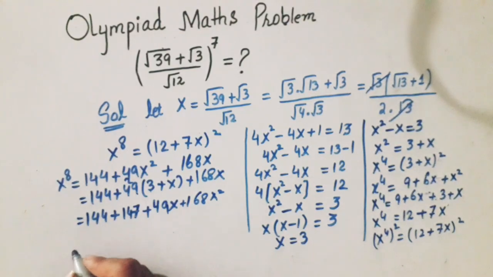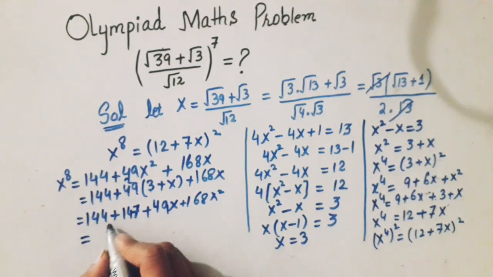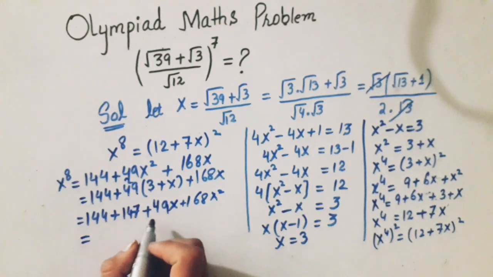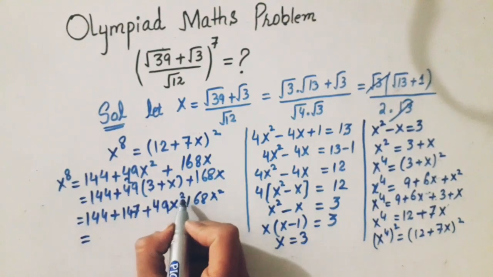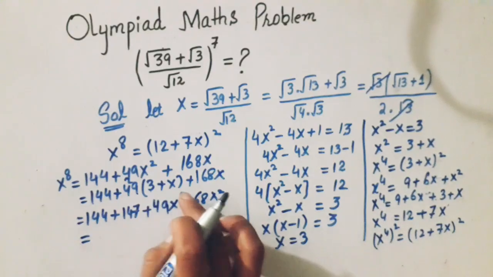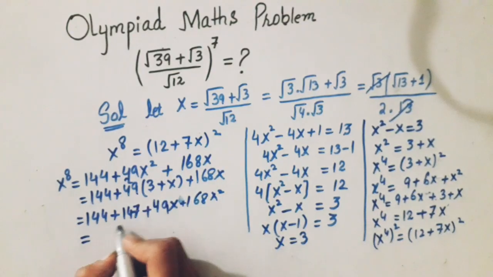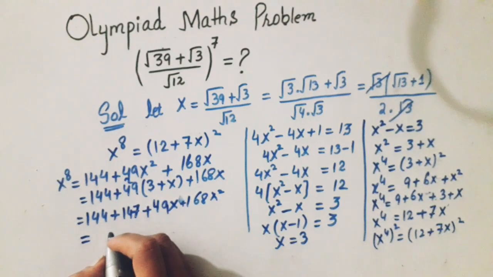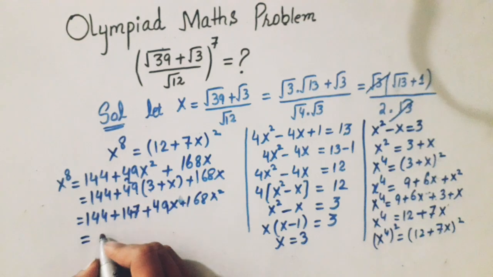So now we will add all the values. So this will become 144 plus 147 equals 291.